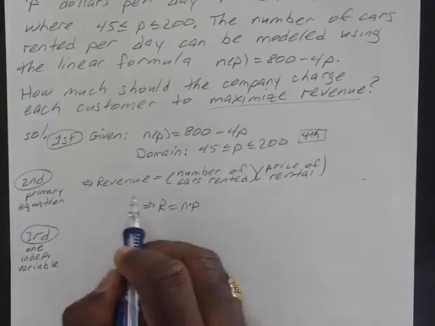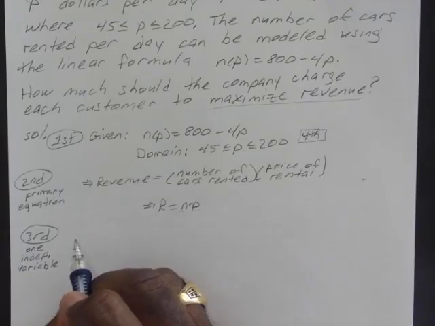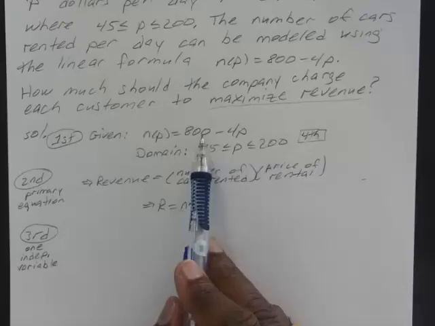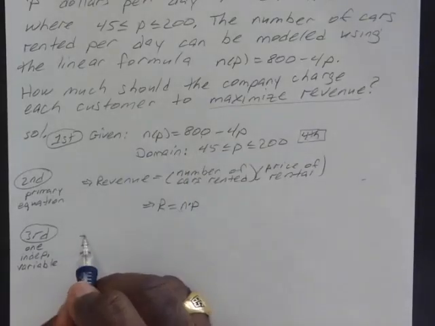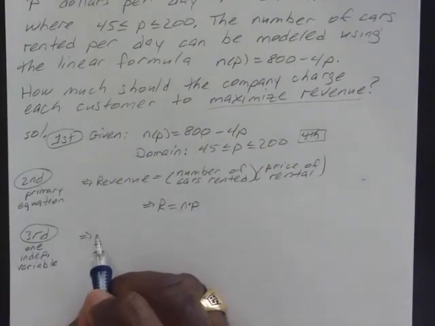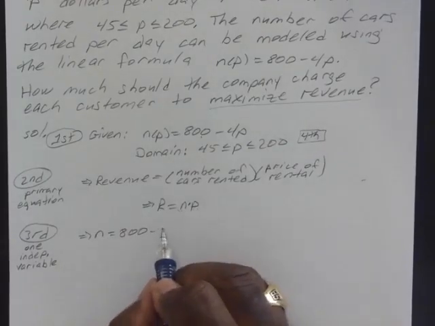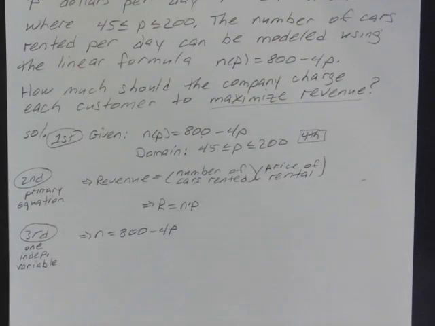Okay, so we know that our revenue is R equals N times P. But if we look at our given, we know that N is equal to 800 minus 4P.